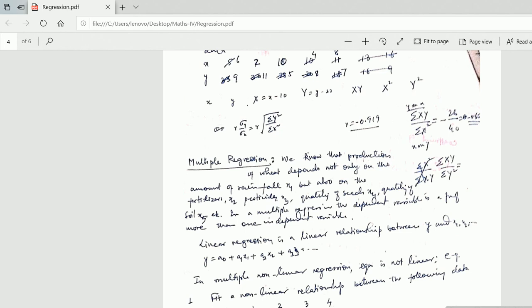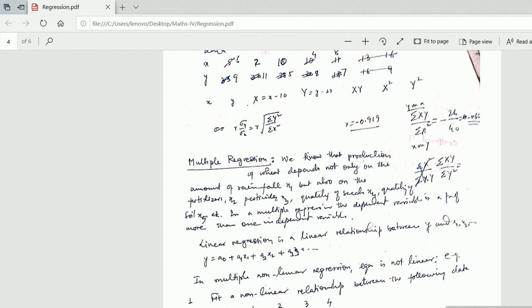Just see, we know that the production of wheat depends not only on the amount of rainfall x1 but also on fertilizers x2, pesticides x3, quality of seeds x4, quantity of soil x5, etc. In a multiple regression, the dependent variable is a function of more than one independent variable, isn't it?